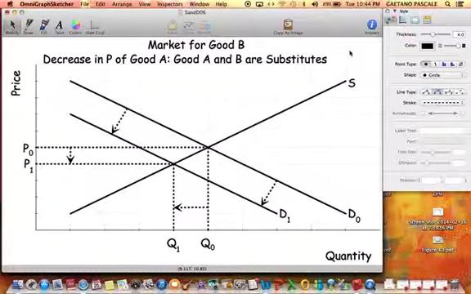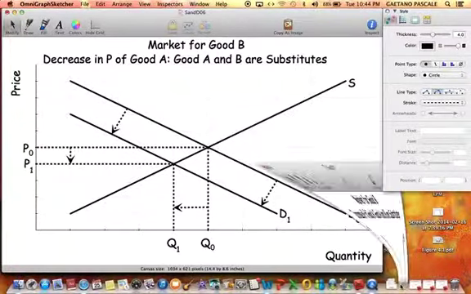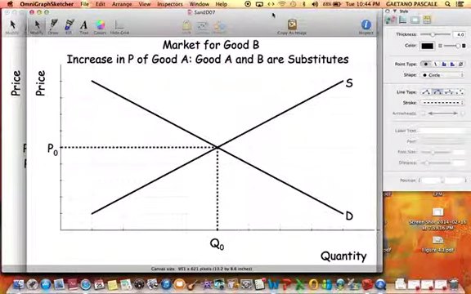So the original demand curve is D0, the new demand curve is D1. The demand curve has shifted to the left. The new equilibrium has a price of P1 and Q1, and in this instance, the equilibrium price fell and the equilibrium quantity also fell. Go on to another example.